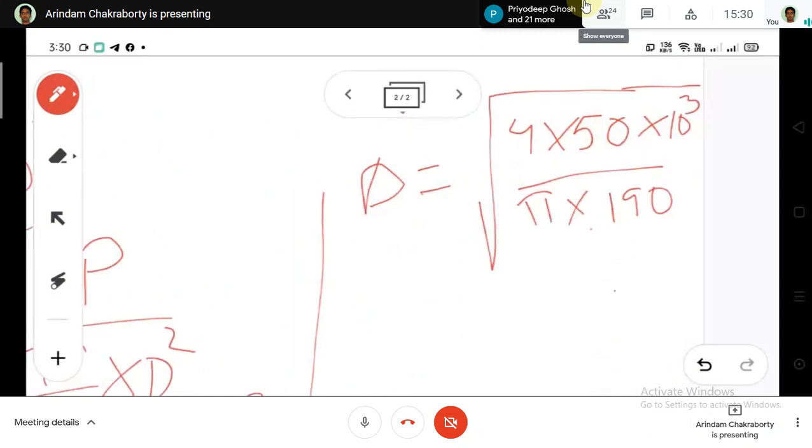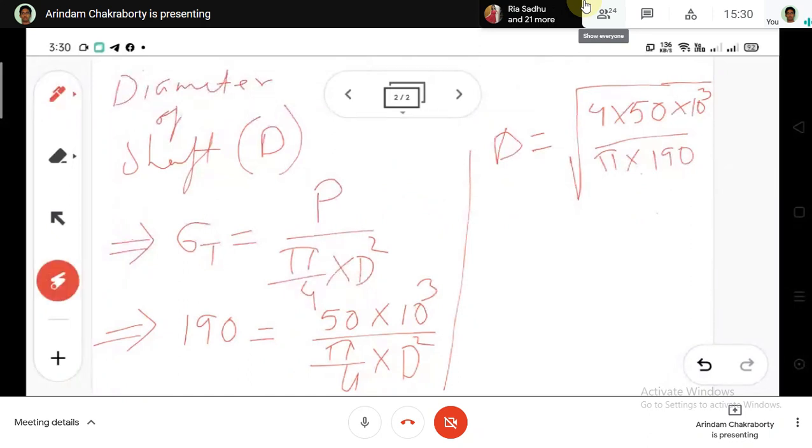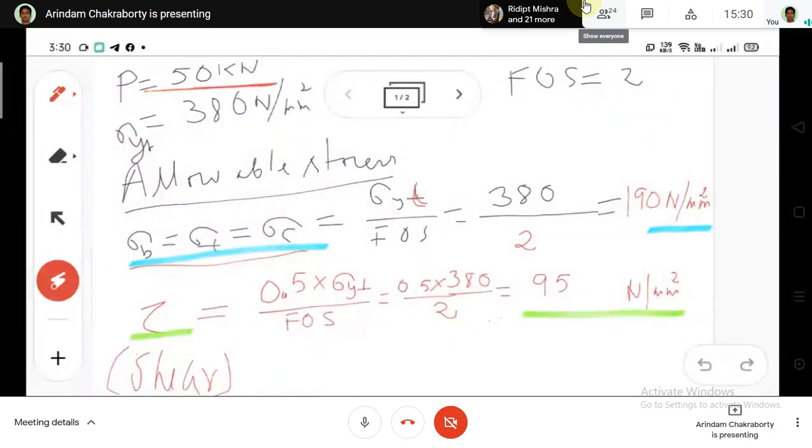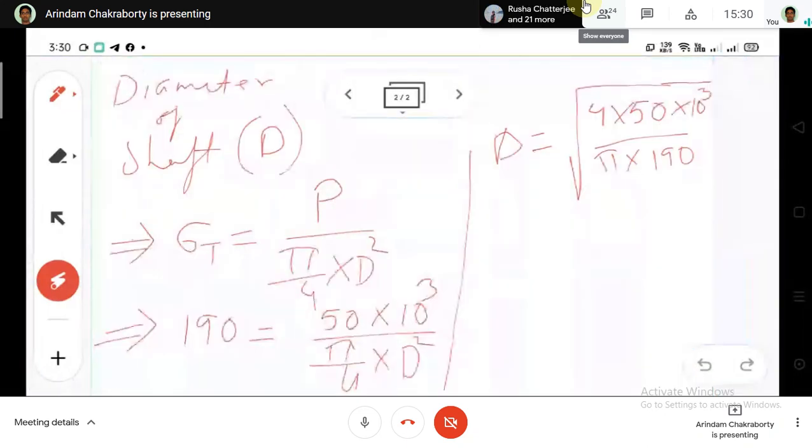Let me clarify why I have written 10 to the power 3 in the load: because it is in kilo Newton and I have to represent it in Newton.